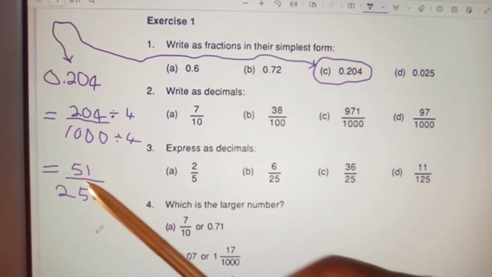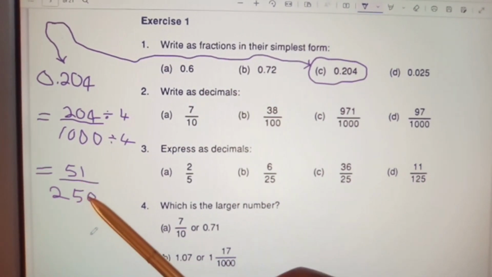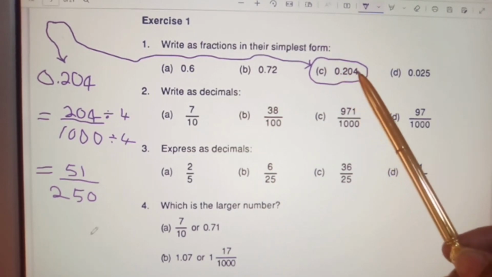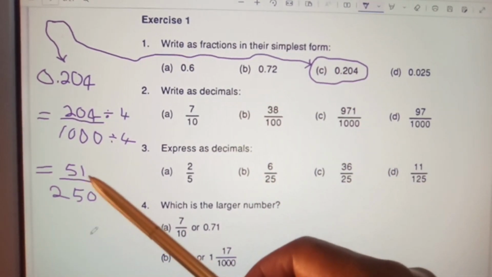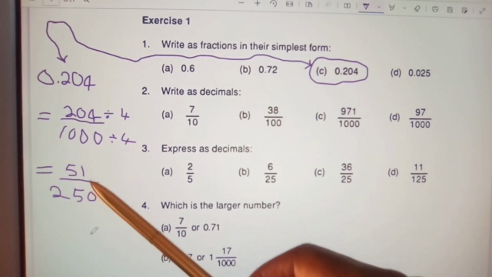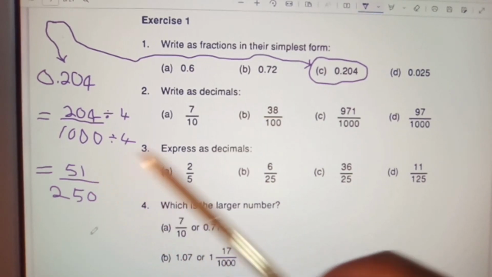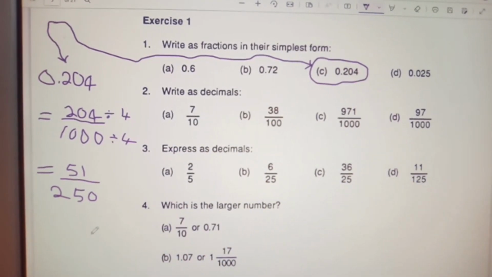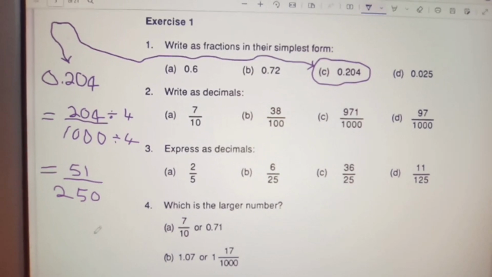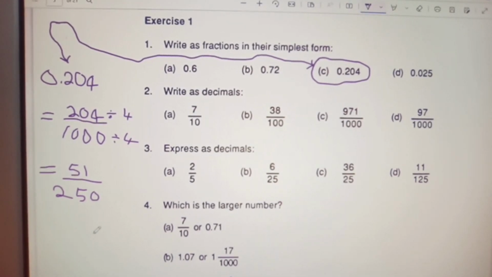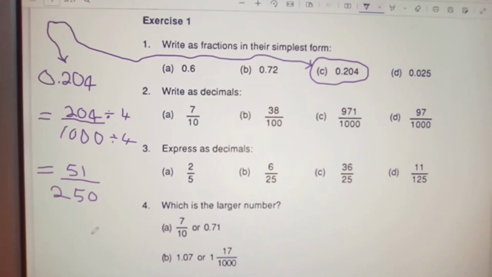Now when I divide 51 by 250, it should give me 0.204. Therefore it tells me that this fraction is equivalent to that decimal, and I know that is correct.